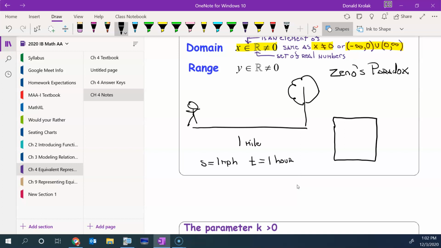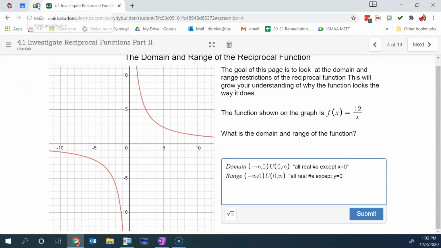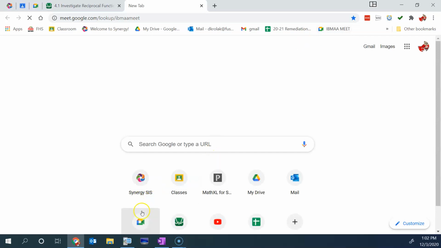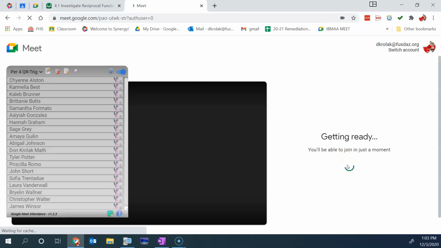Okay, but yes. What? Oh, man. What the heck? They're missing Zeno's paradox. Boy, I'm glad you told me. You can't miss Zeno's paradox. You guys are like, yeah, you can.